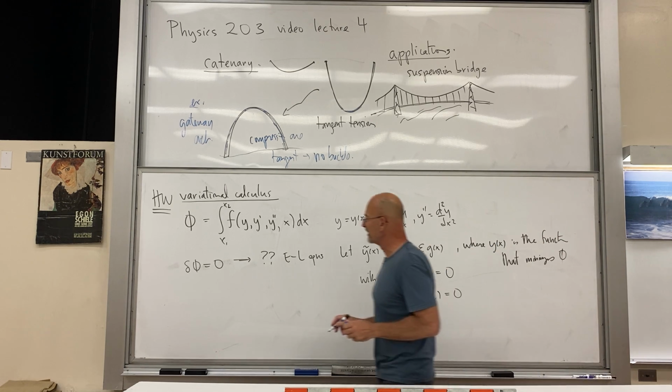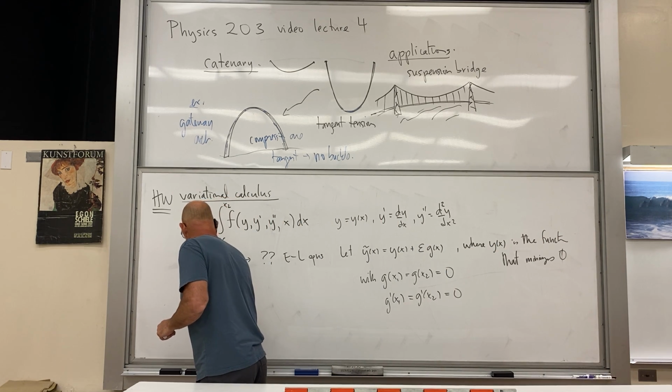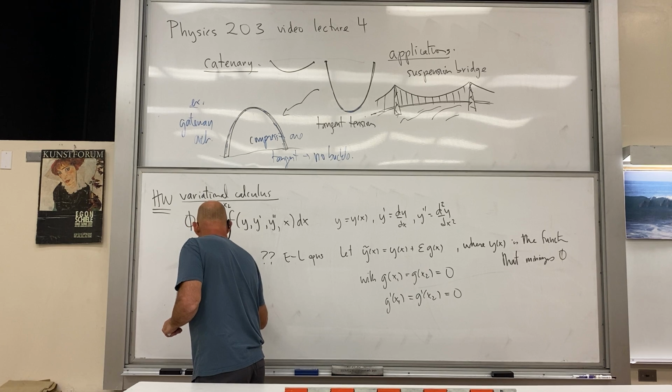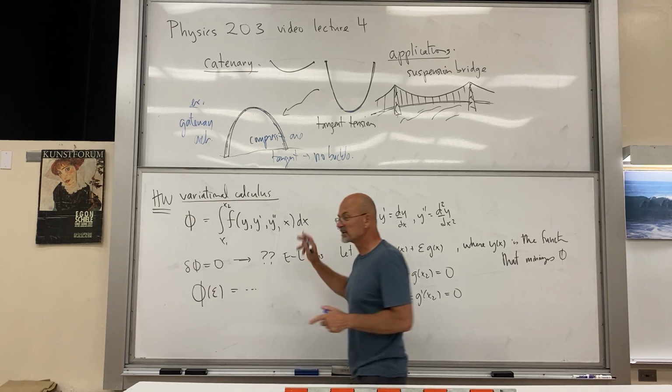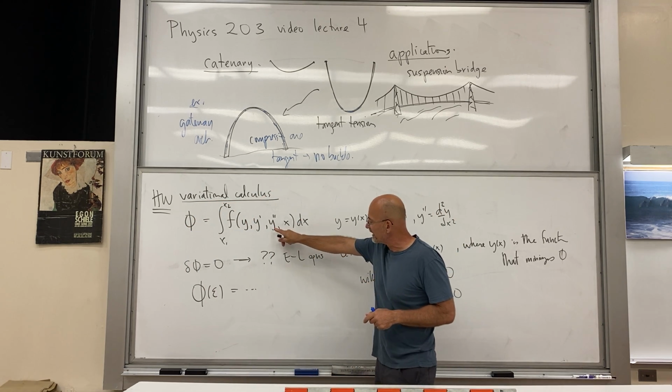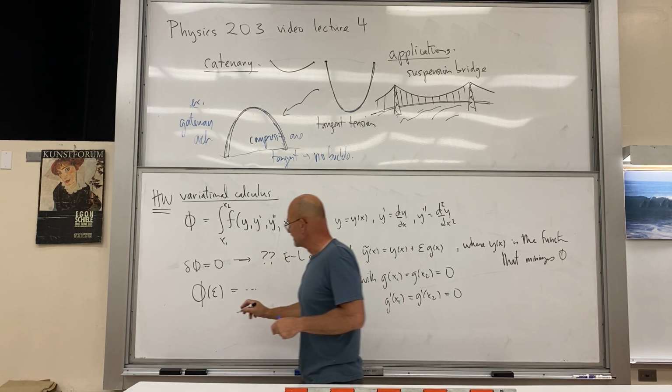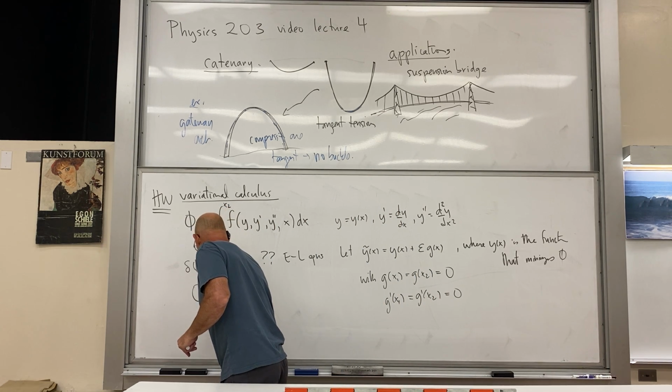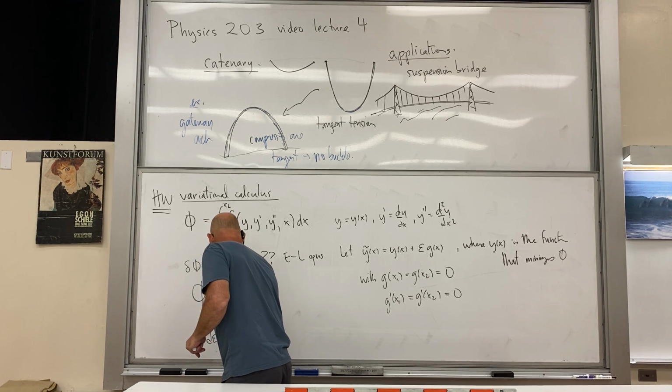So you're doing the same thing as we did in the other case, phi of epsilon, just the way we constructed it last time, except there's more in there. And then d phi of epsilon over d epsilon, evaluated at epsilon equals 0, is equal to 0.